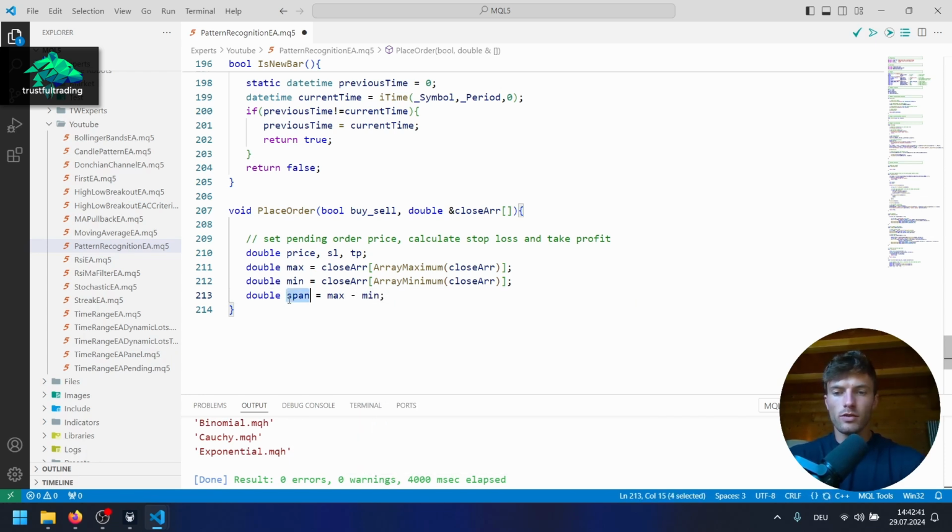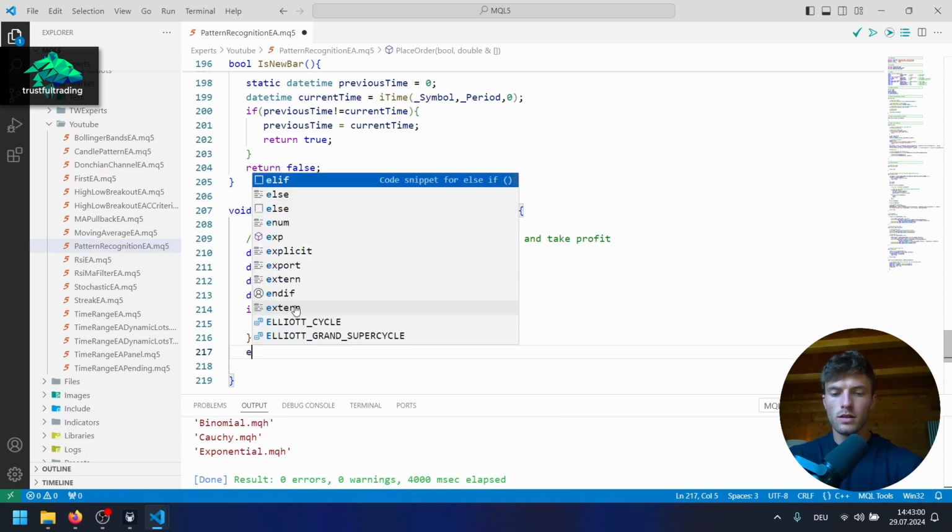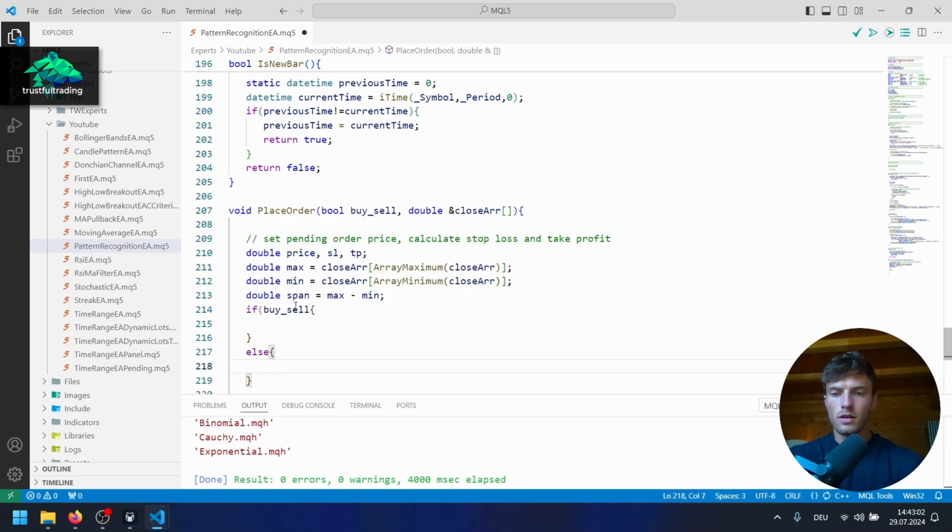So we have the span of our close array pattern. And next, depending on the buy sell parameter, we can calculate the price and the stop loss and take profit. So we do a simple if buy sell and else, like this.